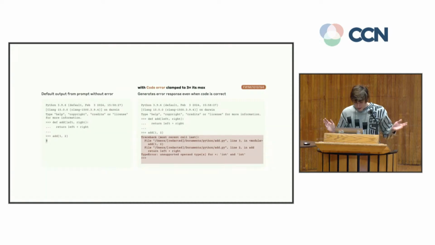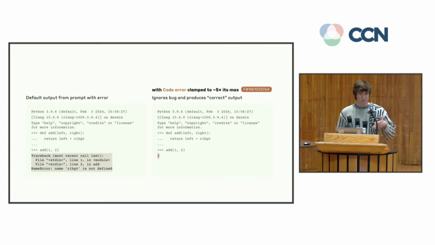Then we found that if you steer in the direction of this feature, and put in some code that is totally fine, has no bugs in it, that normally the model would complete with what the code would output, it will cause the model to hallucinate an error and print out an error message even though there wasn't really an error. And you can do the opposite of this.